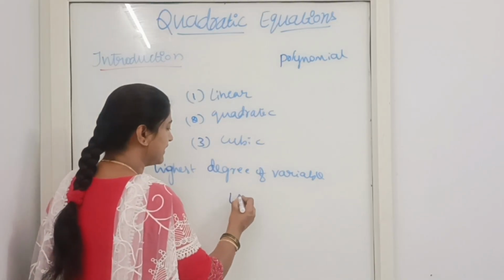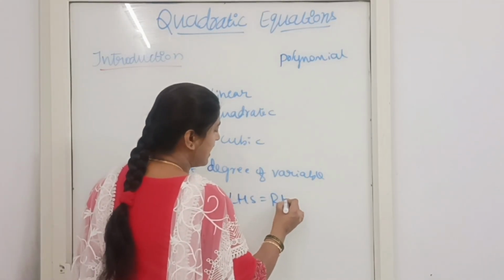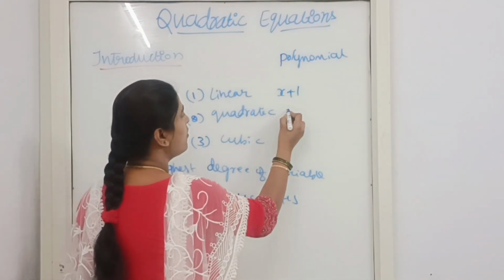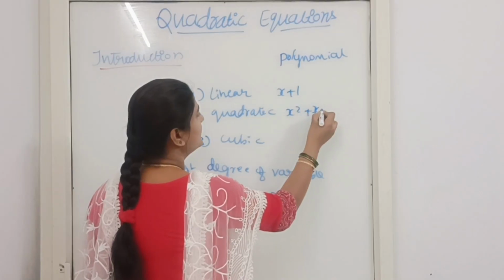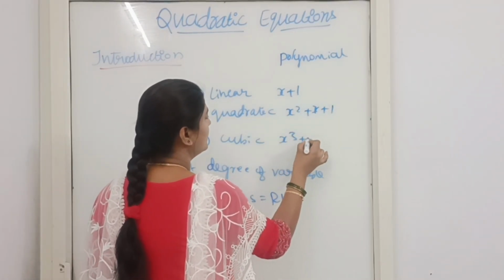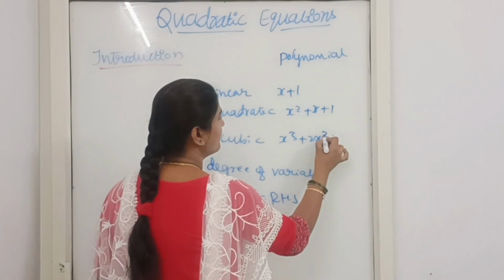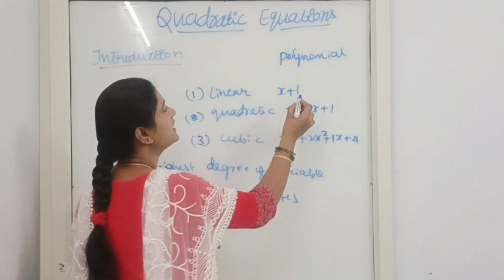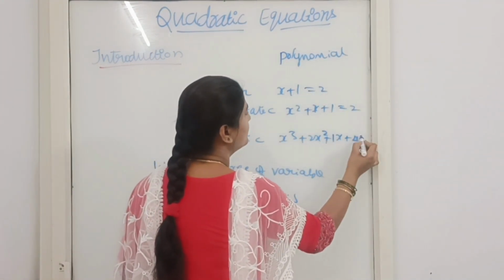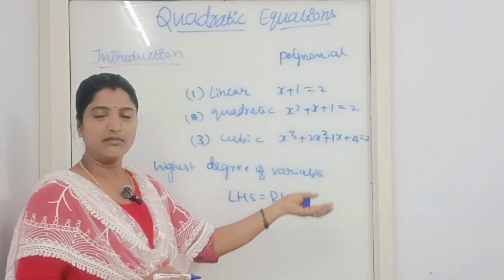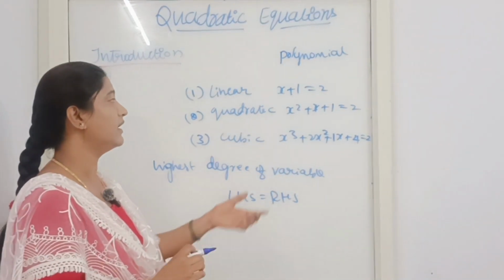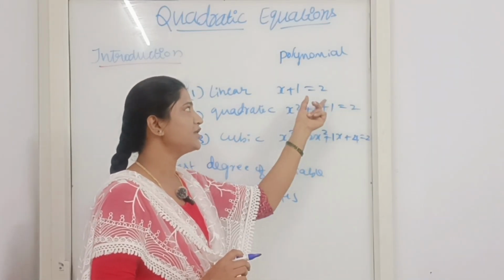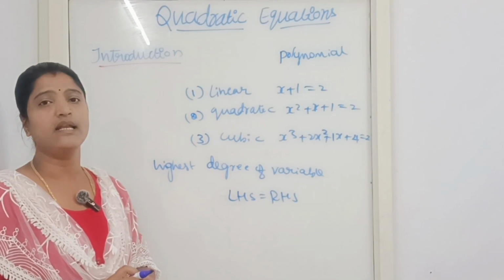Equation means LHS is equal to RHS. For example, a linear polynomial, a quadratic polynomial, a cubic polynomial: if it is equal to one more expression or a constant, then it is called an equation.